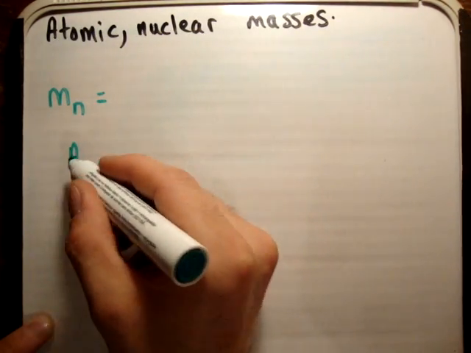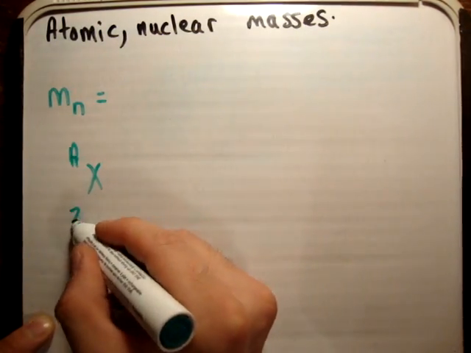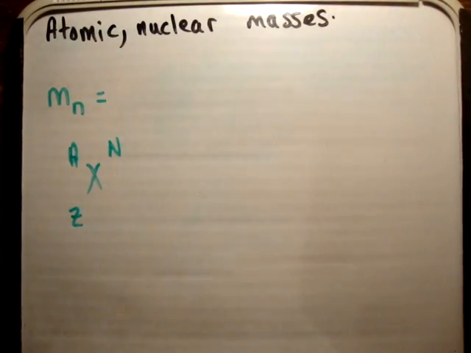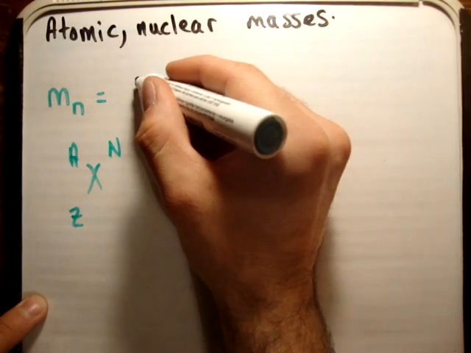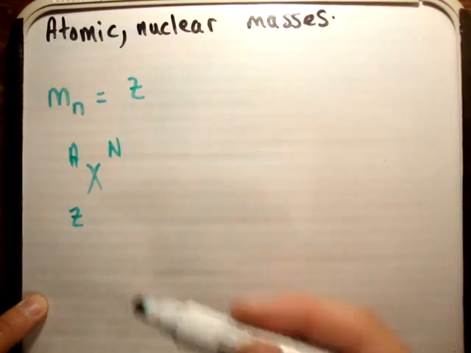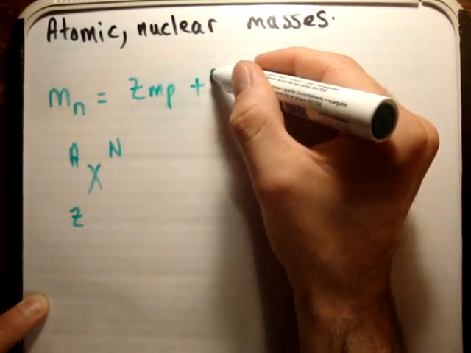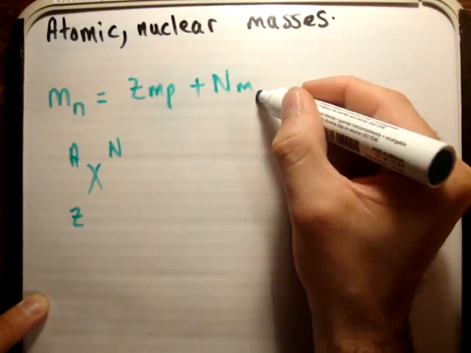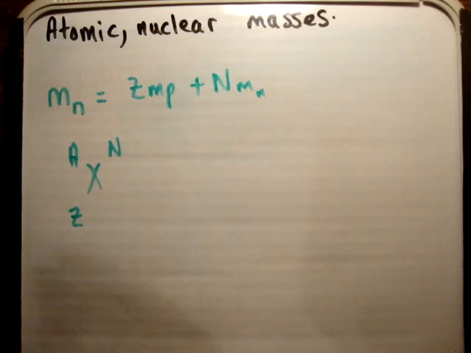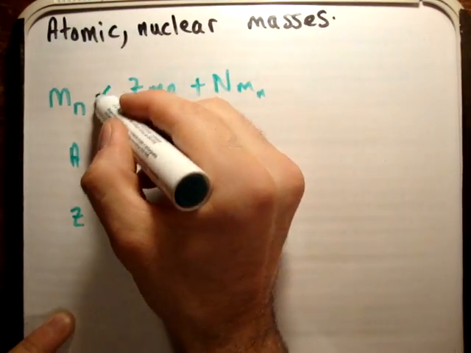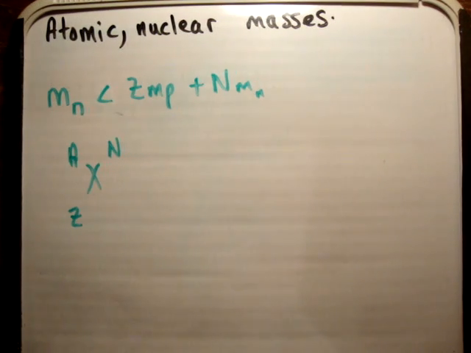Considering that we said the total number of nucleons A is equal to the total number of protons plus the total number of neutrons, you would probably think that it's equal to the total number of protons times the mass of a proton plus the total number of neutrons times the mass of a neutron. And if you were to say that, you would be incorrect, because in actual fact the mass of the nucleus is less than the mass of all the protons and the mass of all the neutrons.